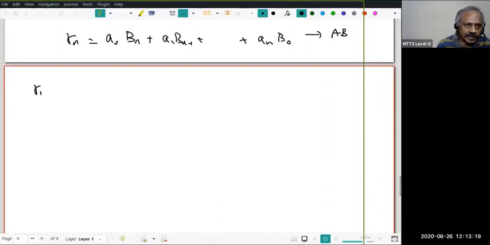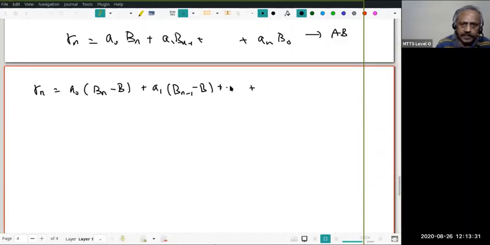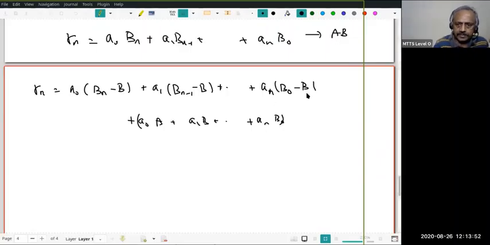Therefore, gamma n, I can write as A naught into Bn minus B plus A1 into Bn minus 1 minus B plus up to the last term An into B naught minus B. But what I have done is I have subtracted extra terms. Therefore, they are going to be of the form A naught B plus A1 B and so on plus An B. Is that okay?